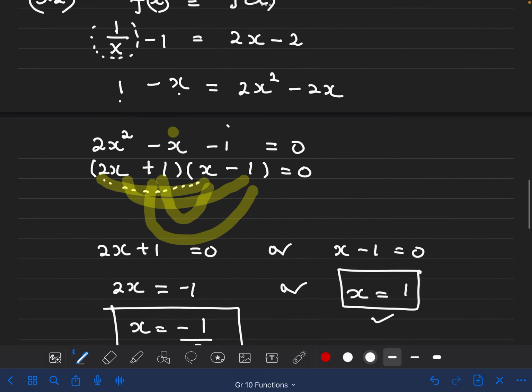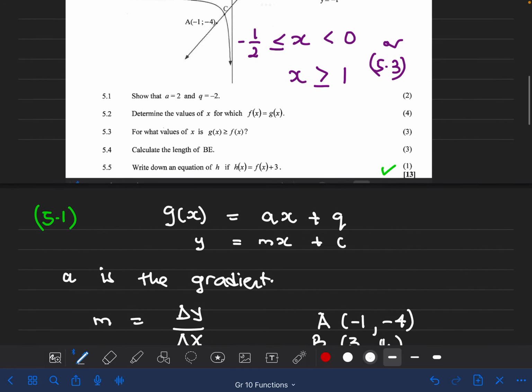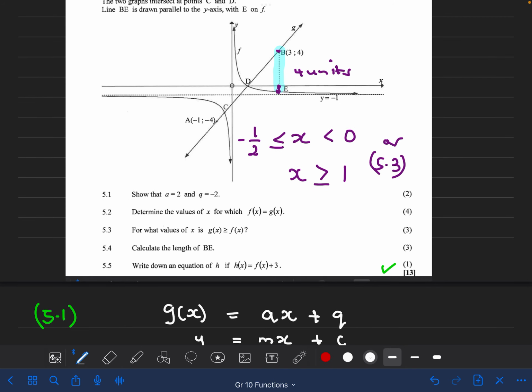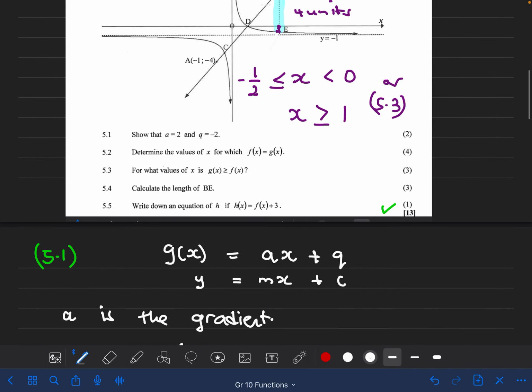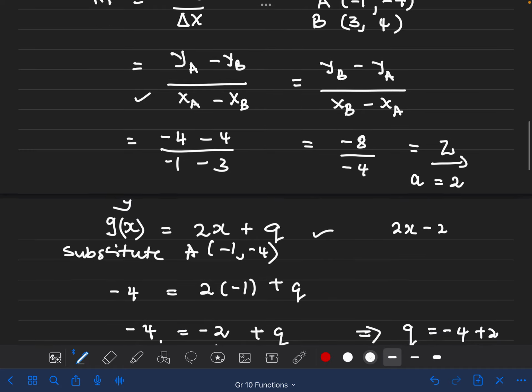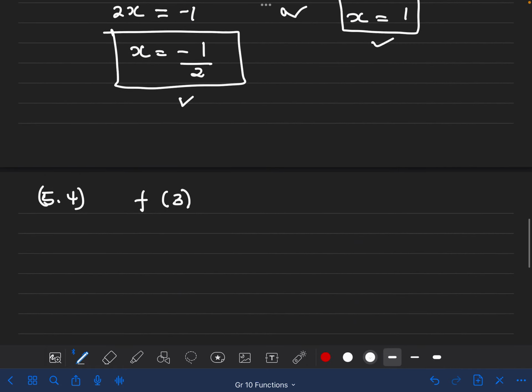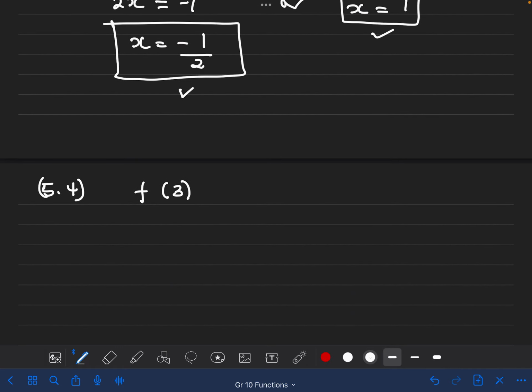How do I know that x equals 3? It is because this line is vertical and the y value at E will correspond to the x value that equals 3. So f of 3 is 1 over x minus 1, where x is 3. This is the same as 1 over 3 minus 3 over 3. You can also do it in your calculator. So it's minus 2 over 3.